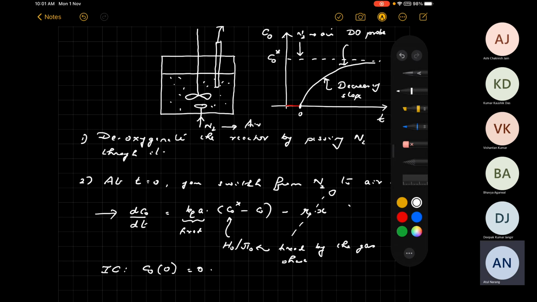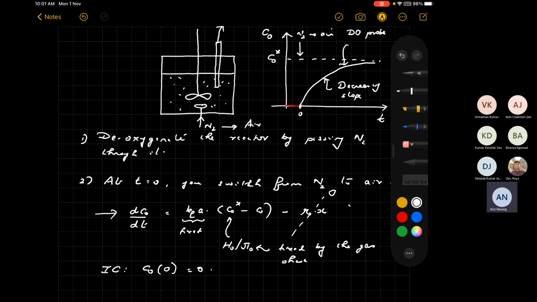If you go back and take a look, the size of the bubbles depends upon the surface tension. And if any products are released that are surface active, then they will change the surface tension and A will change. In much the same way, this KL can also change with composition.